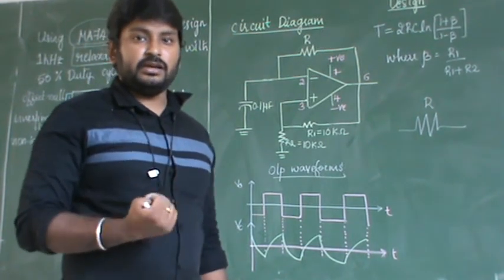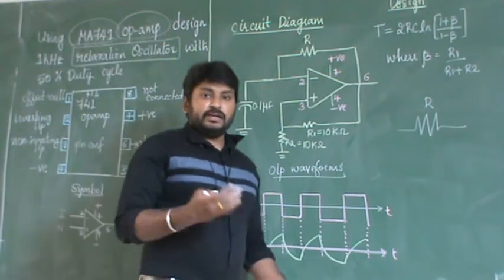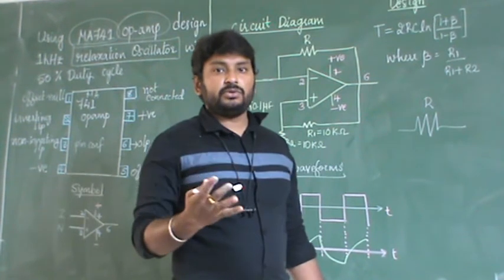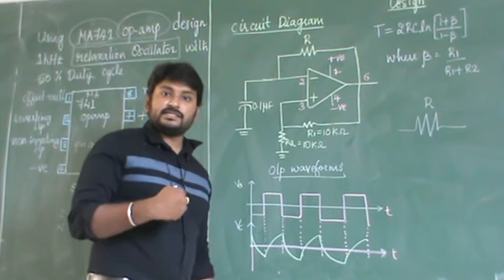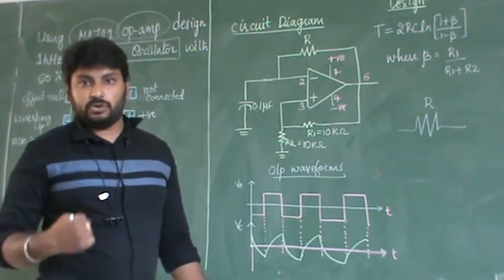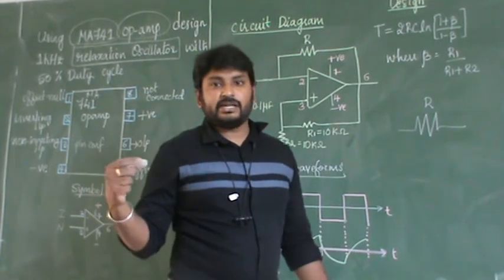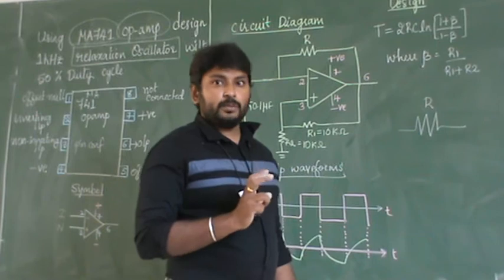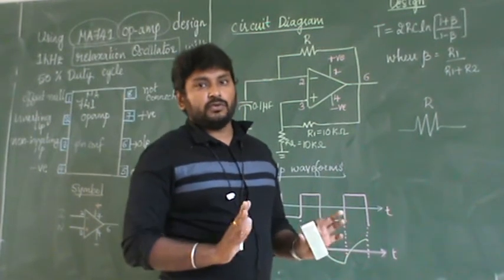In the same concept, if the current is flowing very easily without any obstacles, then we can say the resistance of that particular circuit is very low. If the resistance is very high, then the current cannot pass through that particular wire. I hope you have understood what is meant by resistor. Resistance means it just opposes the flow of current.